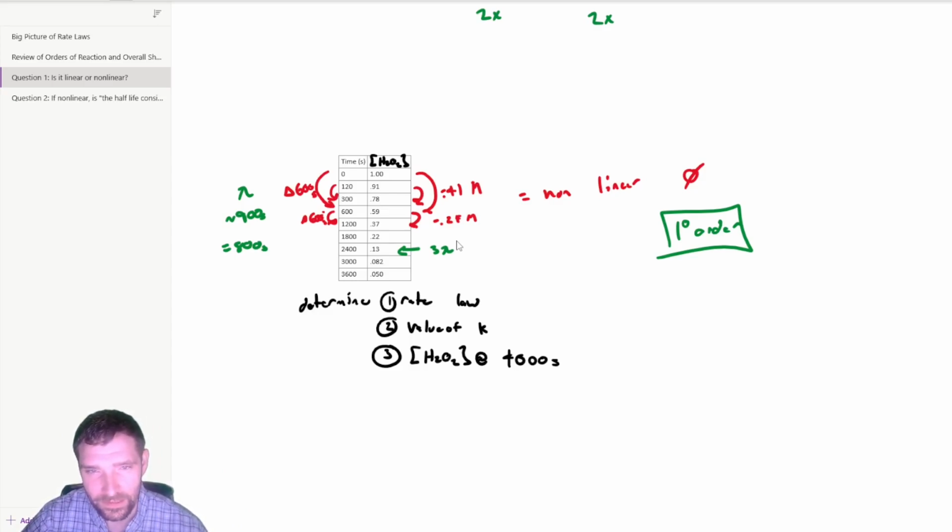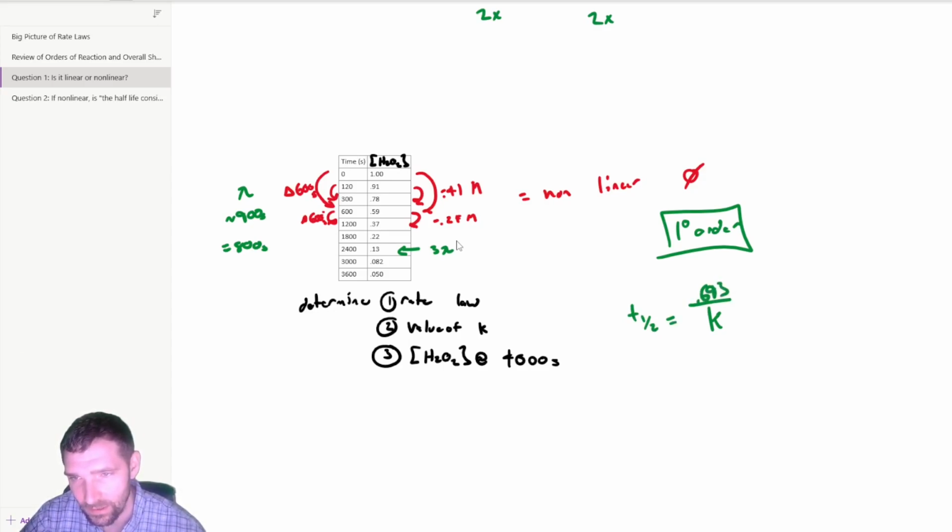So then you can determine the value of k. There's a couple different ways to do that. Probably the easiest way for this one is using the half-life formula, where t1/2 is equal to 0.693 over k. We know what the half-life is. That was 800 seconds. So we can isolate that and solve for k, and that's not too difficult to do.